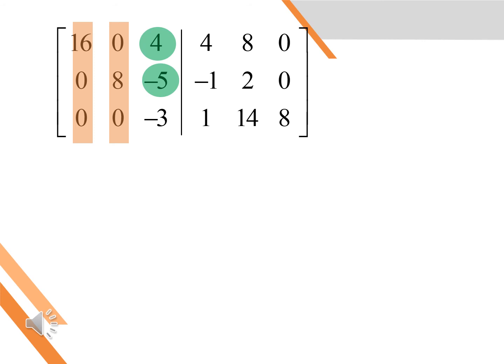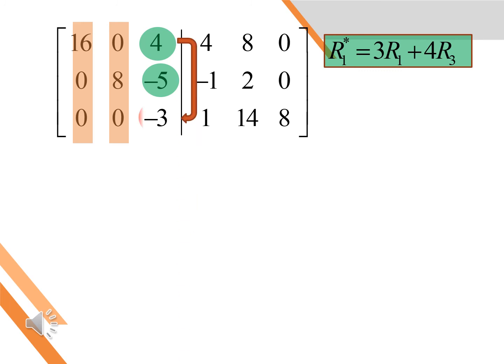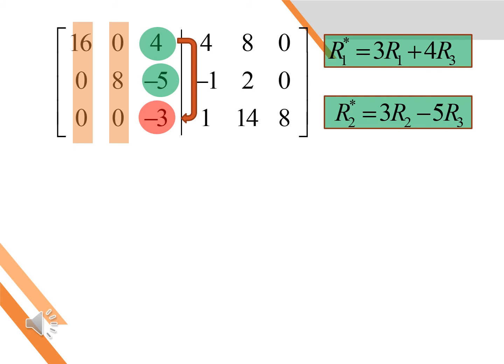I'm going to replace row number 1 using the formula 3 times row number 1 plus 4 times row number 3. And to replace row number 2, I'm going to use 3 row 2 minus 5 row number 3.